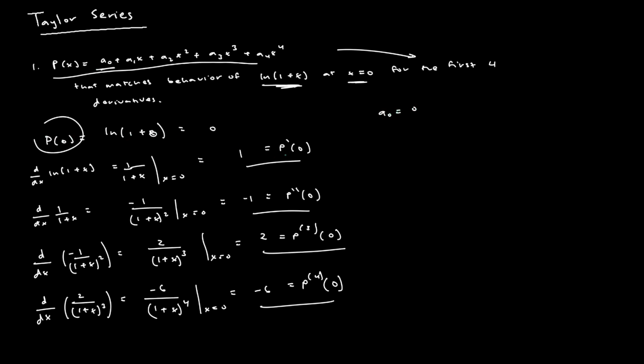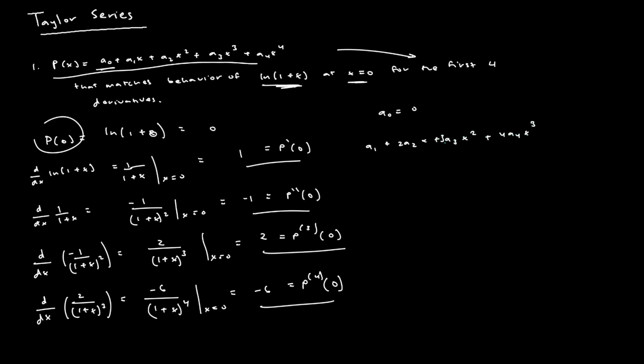P prime of x is simply equal to a1 plus 2a2x plus 3a3x squared plus 4a4x cubed.